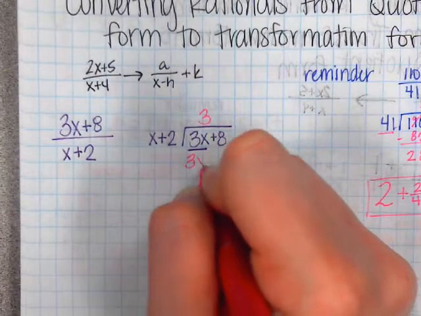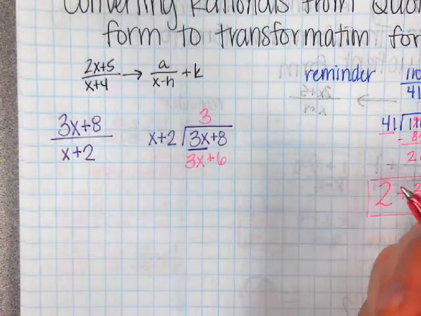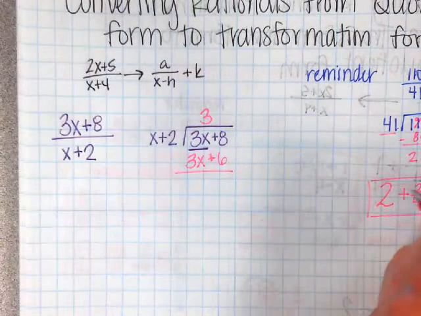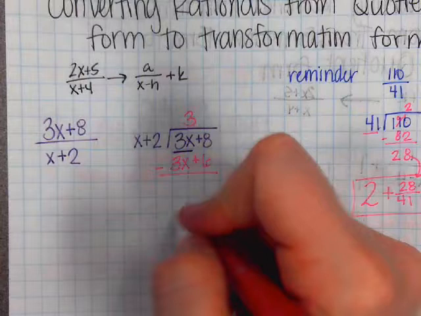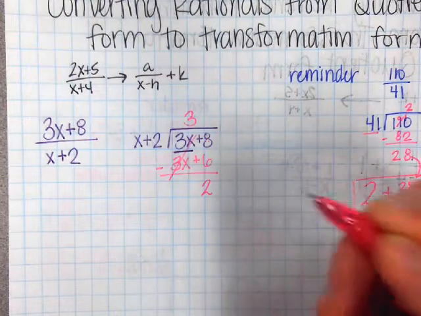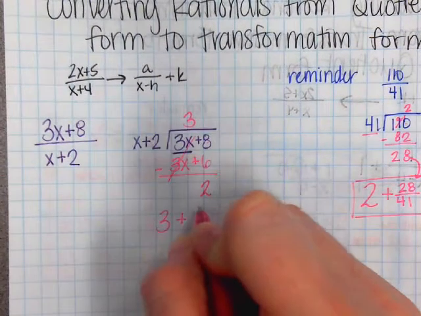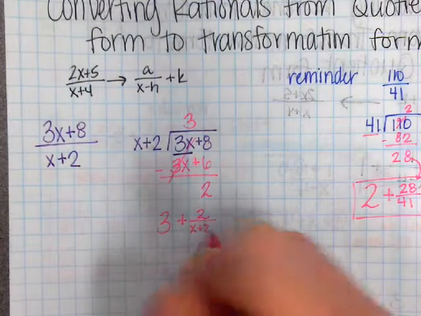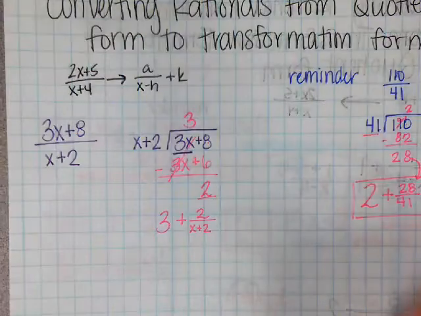So 3 times x is 3x, 3 times 2 is 6. And then just like we did over here, you're going to subtract. 3x minus 3x cancels. 8 minus 6 is 2. So then we have 3 plus, we have 2 as our remainder, over x plus 2. So you just take this number and put it on top.